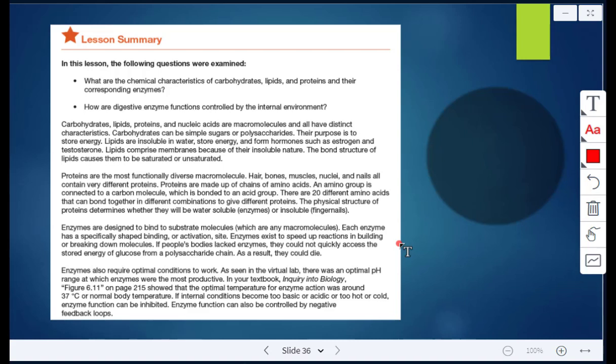If we didn't have enzymes, we wouldn't be able to quickly access the stored energy of glucose from a polysaccharide chain, and as a result, the cells would die. Enzymes require optimal conditions to work. So, for example, pH and temperature were a couple of factors for enzymes to work optimally.